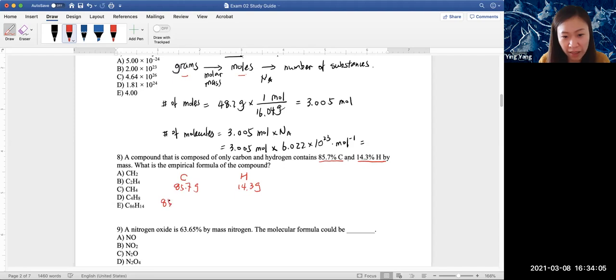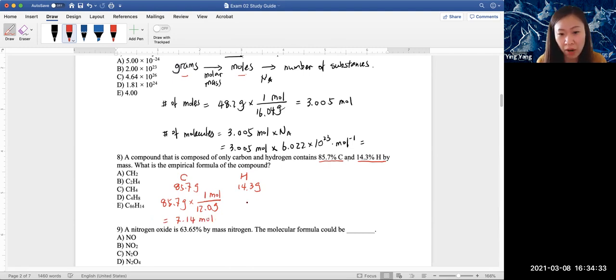So for carbon, 85.7 grams times its molar mass is 12.0. So for 1 mole of carbon, it weighs 12.0 grams. And this equals 7.14 mole.